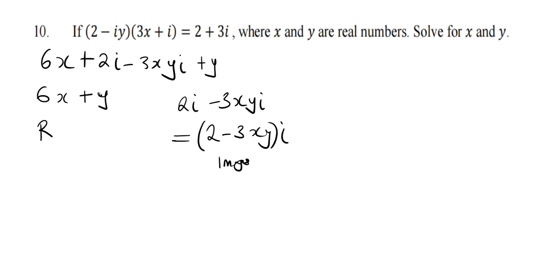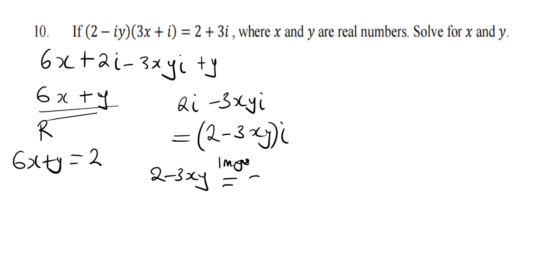These two, when we solve them, they're giving us this expression. So when we solve the real part, it's giving us this part. When we solve the imaginary part, it's giving us that part. That's what it means. So in this case, the 6x plus y should give us a 2. Then the other one, the 2 minus 3xy, should give us a 3.